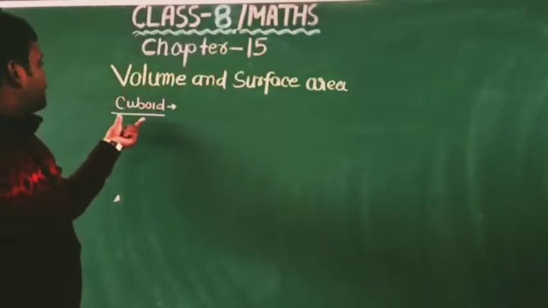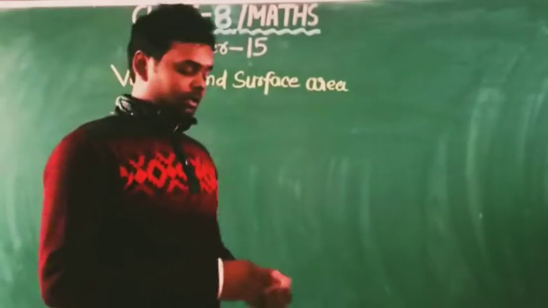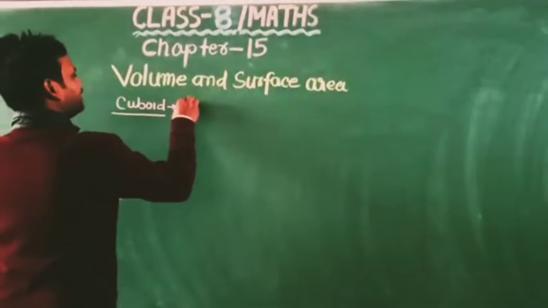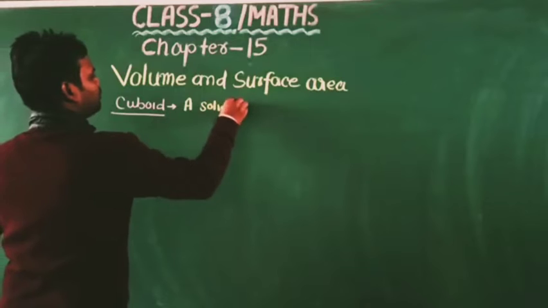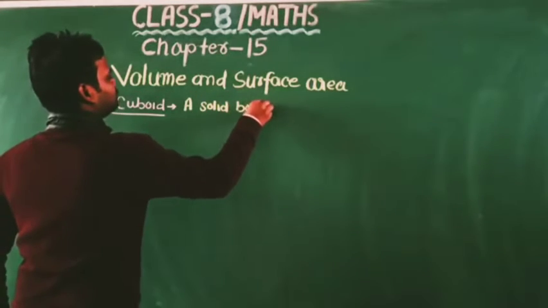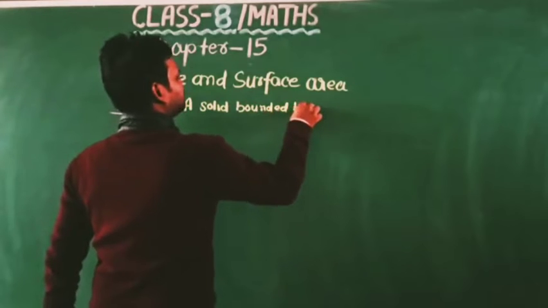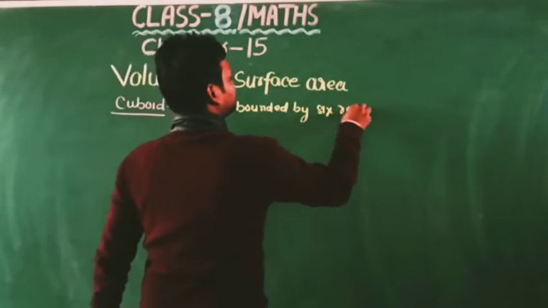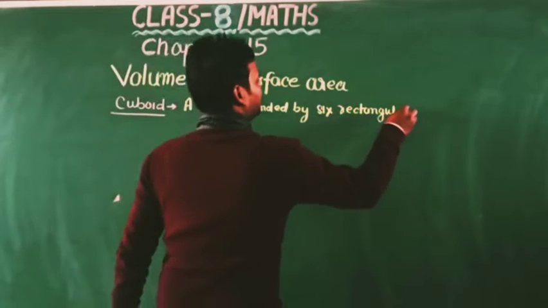So cuboid means a solid bounded by 6 rectangular faces.